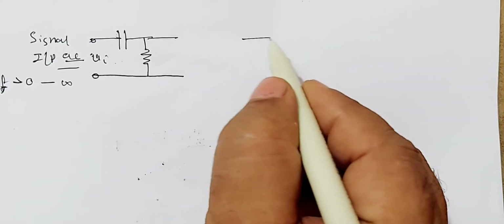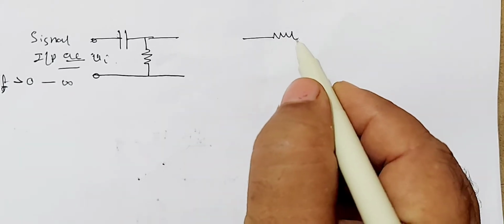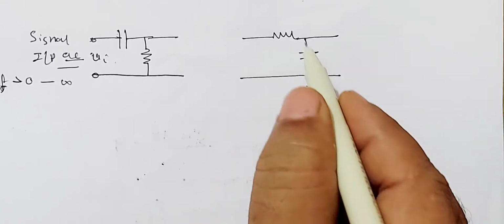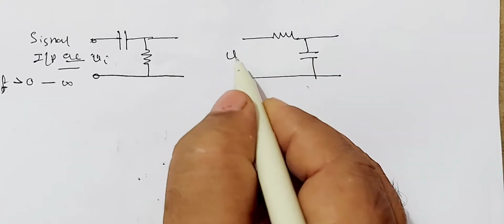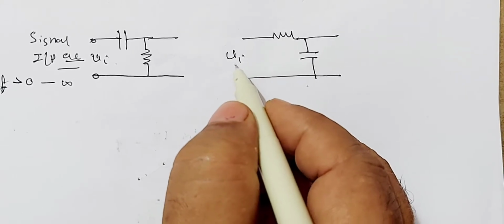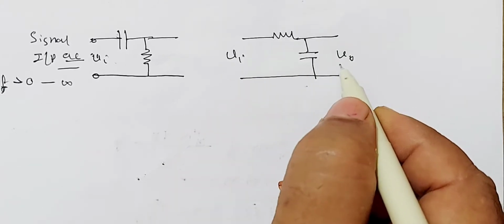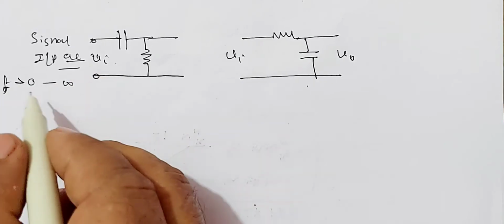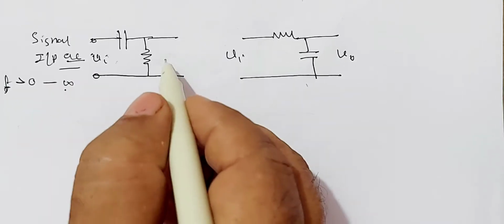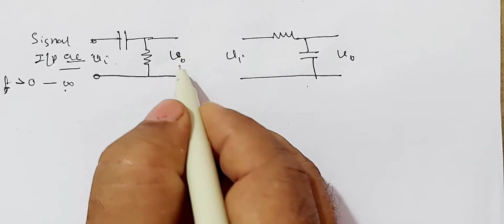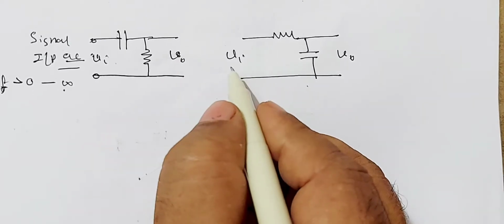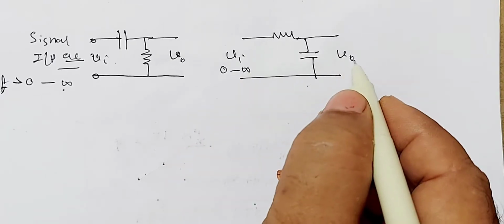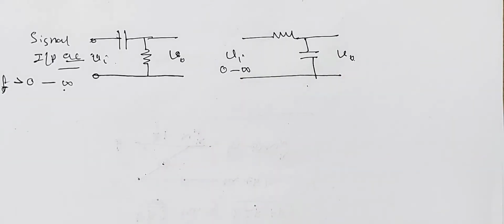Similarly, you can have a circuit like this: resistor in series, capacitor in parallel. Apply the input voltage, then you will get output voltage VO. Here, for the input voltage of different frequency ranging from 0 to infinity, you get output voltage.